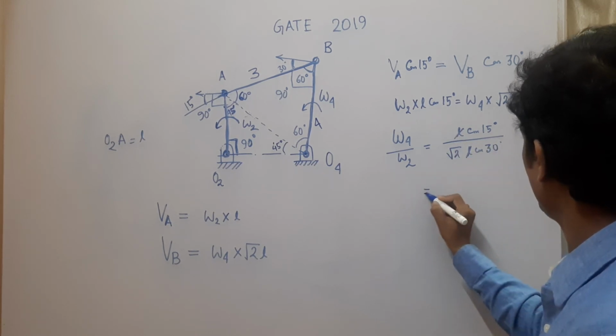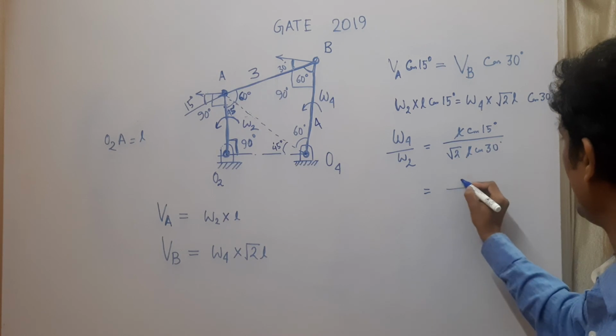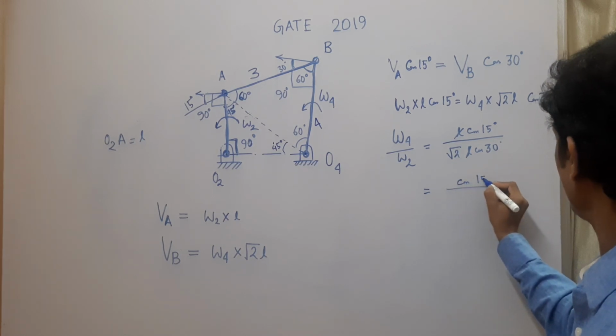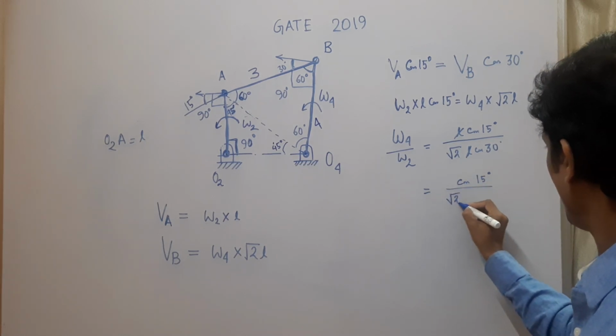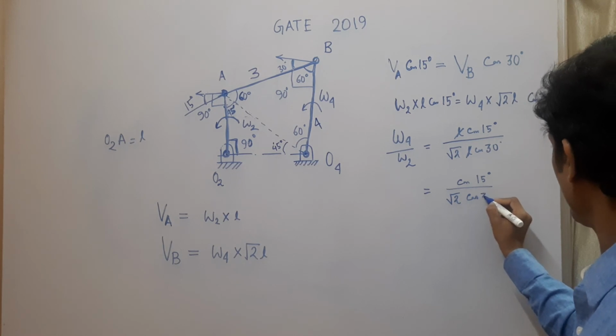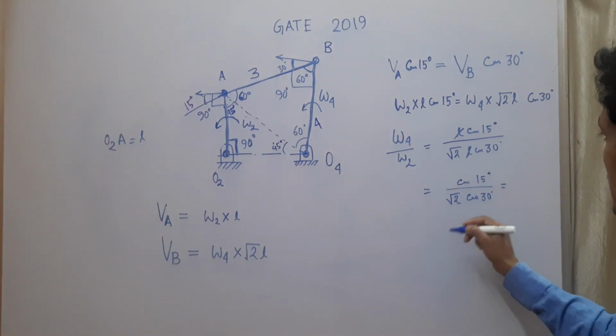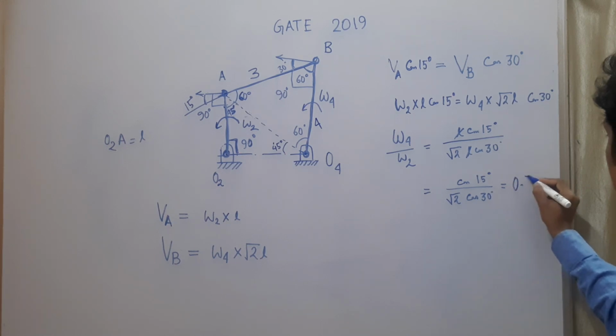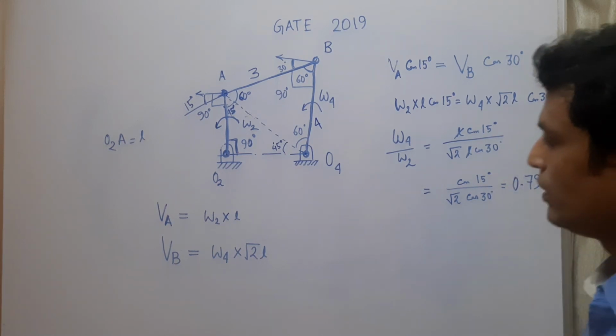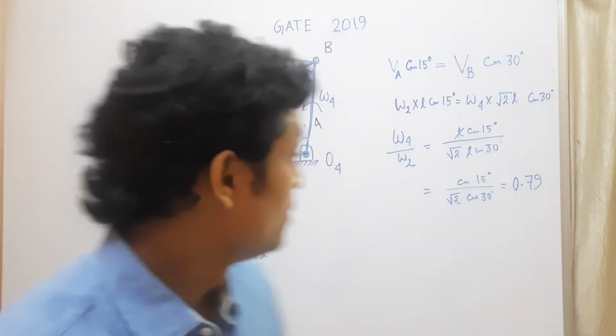L cancels out, and this becomes cos 15 degree by root 2 cos 30 degree. Calculating it, this also becomes 0.79. So we get the same answer.